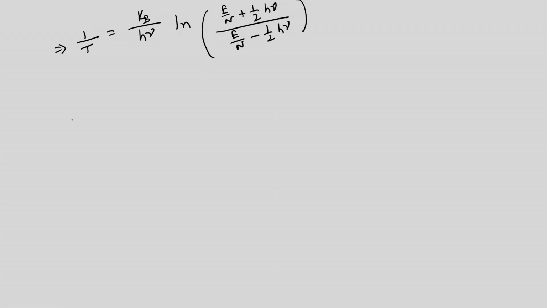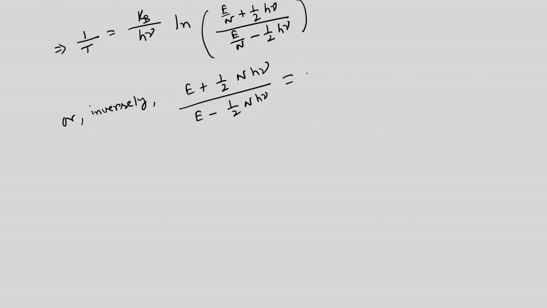Okay. Or you can write inversely (E plus half n h nu) by (E minus half n h nu) equals e to the h nu by kBT.